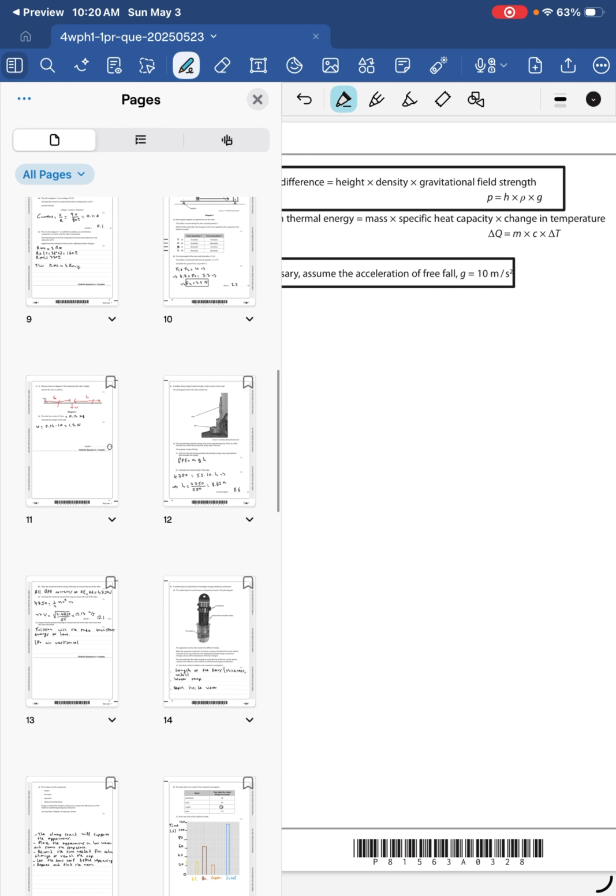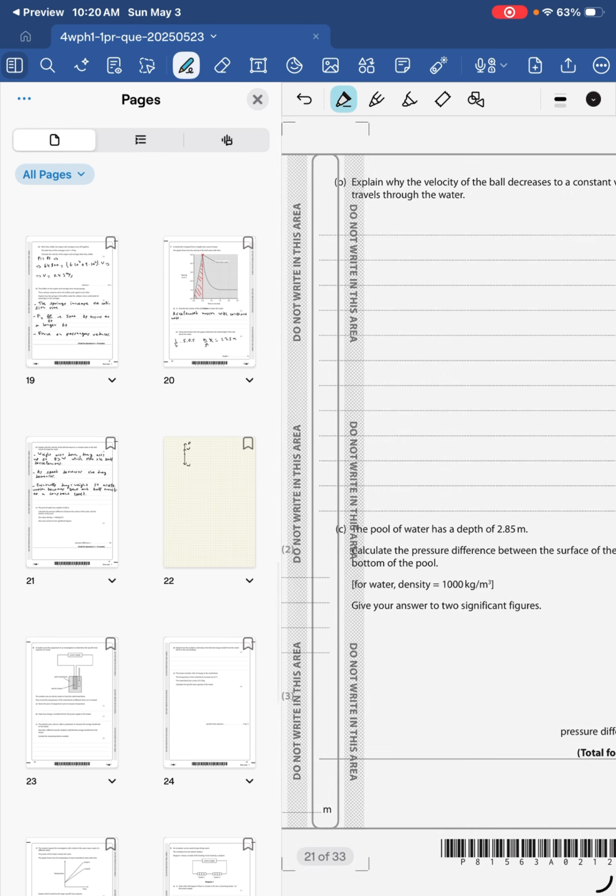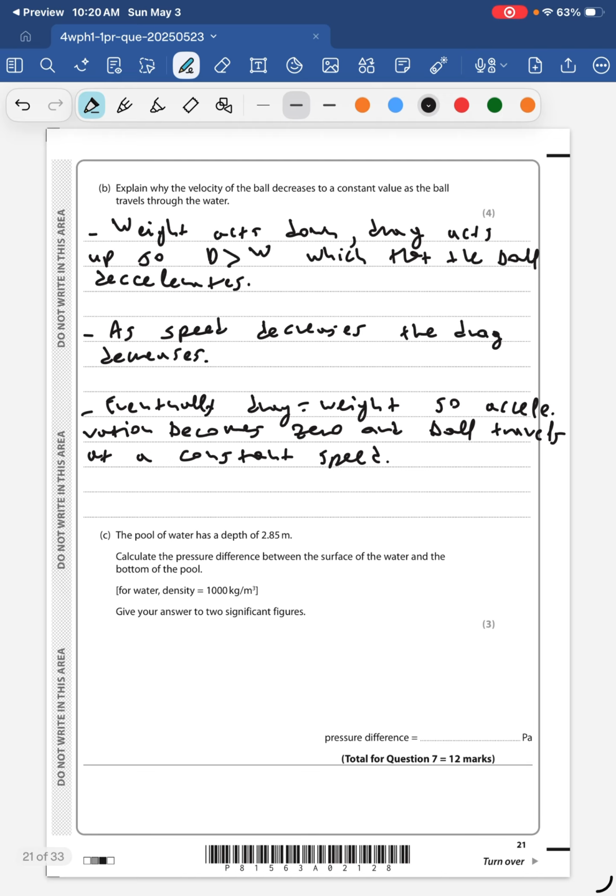So let's go back here and write this down. So pressure is rho times g times h. So 1000 times 10 times 2.85 yields 28,500, and the units are pascals.